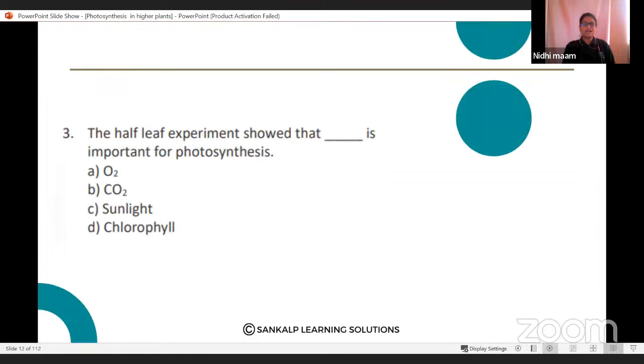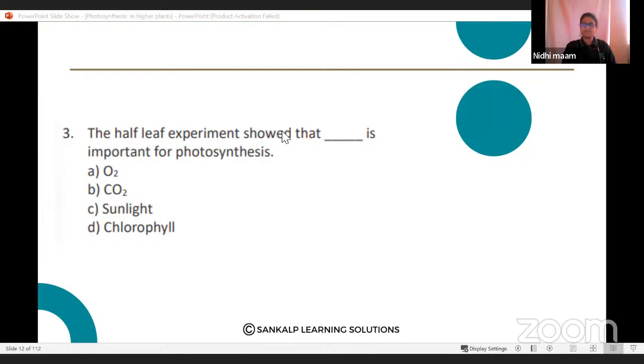Next question. The half-leaf experiment showed that dash is important for photosynthesis. What did we find out in the half-leaf experiment? A is oxygen, B is carbon dioxide, C is sunlight, D is chlorophyll.